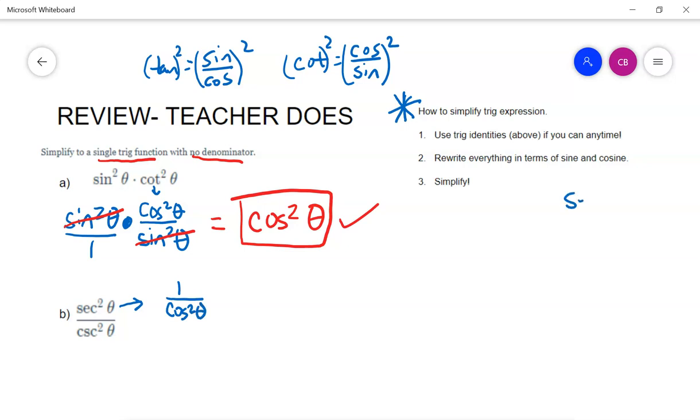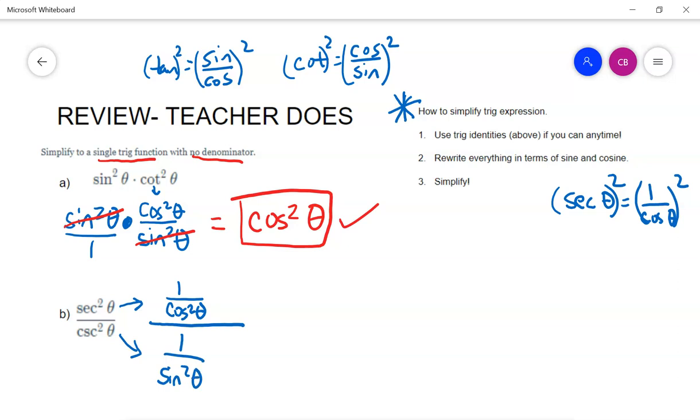I know that because secant theta is just 1 over cosine theta, and if I square both sides, that's what I would get. Now my denominator is cosecant squared theta, which would be 1 over sine squared theta. We know that because cosecant theta is 1 over sine theta, so if I square both sides, I get that result.